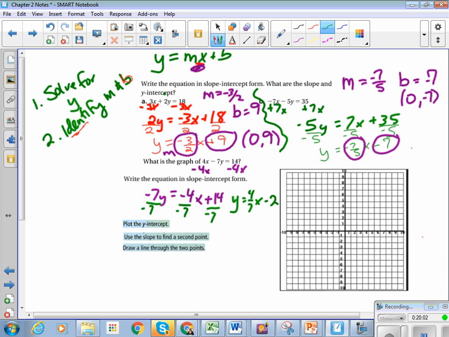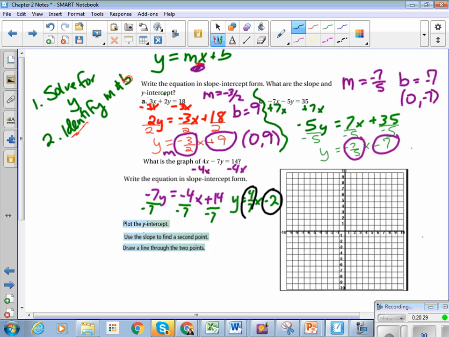When you divide positive 14 by negative 7, you get negative 2, and instead of writing plus negative 2, I just wrote minus 2. All right, so we are going to identify m and b. So m is this value here, it is 4/7, and b is negative 2.